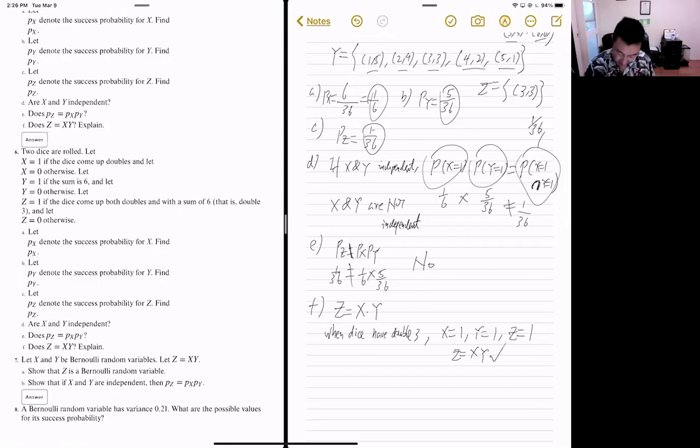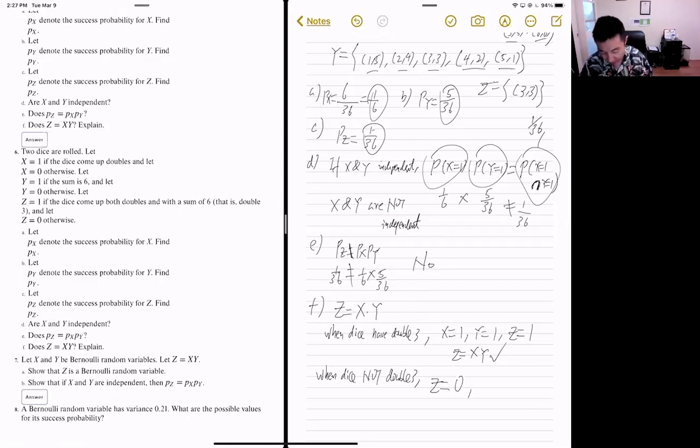And then when the dice do not have a double 3, z equals 0.